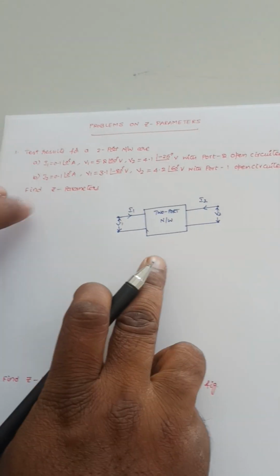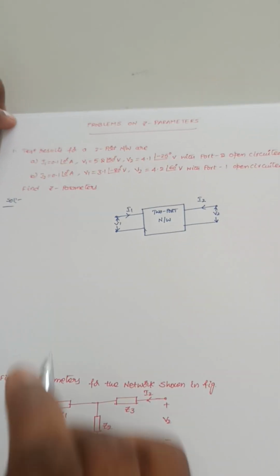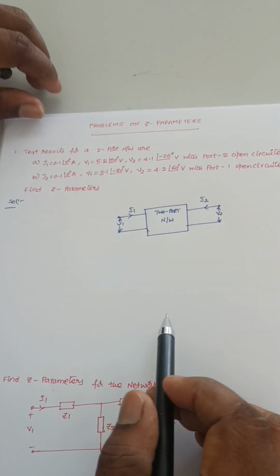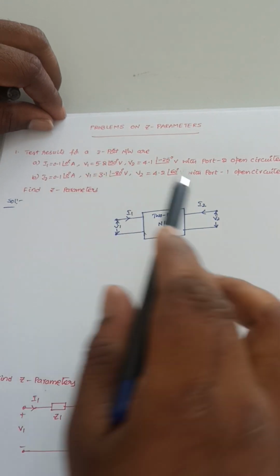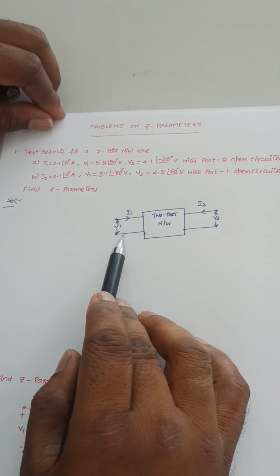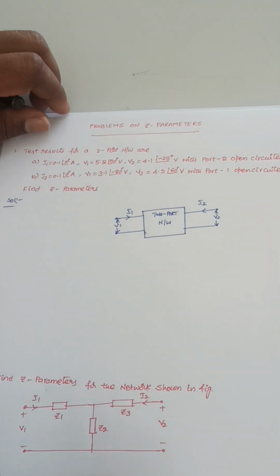For this two-port network, these results are obtained here. Whenever port 2 is open circuited, this is the result. Whenever port 1 is open circuited, this is the result. So I need to find the Z parameters.